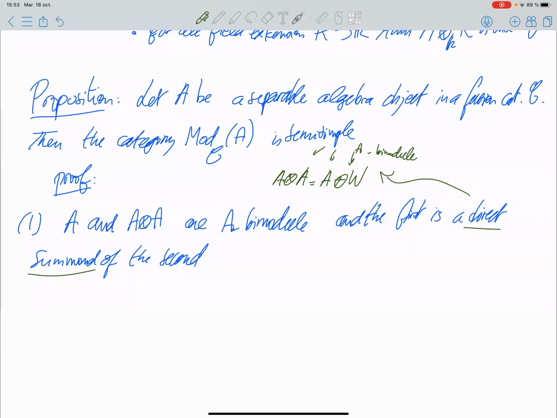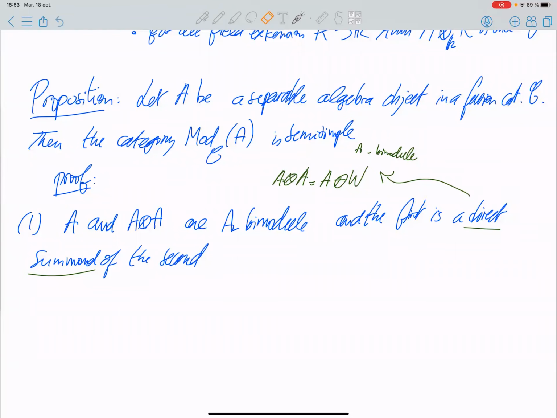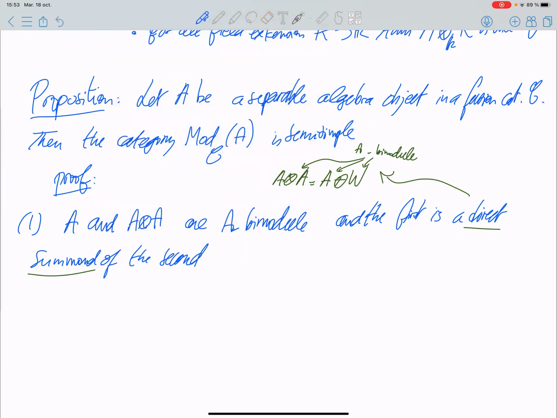Okay, so how to see that? You see that using the separable assumption.